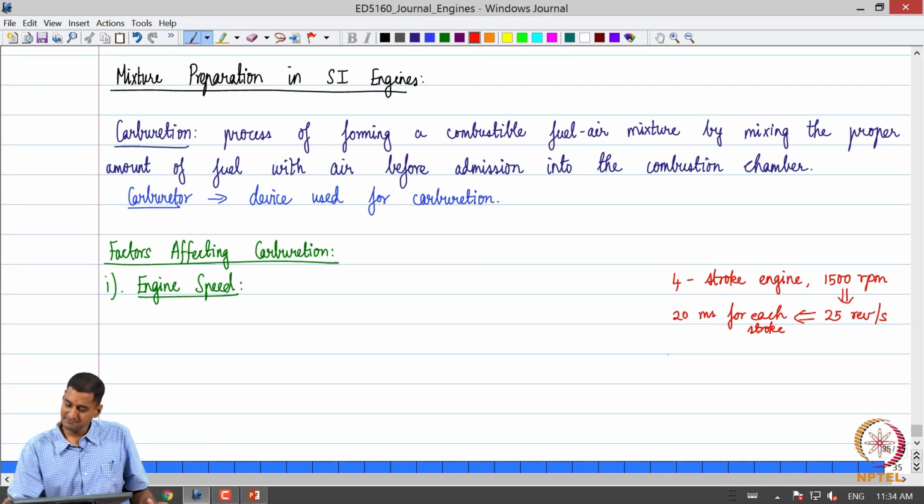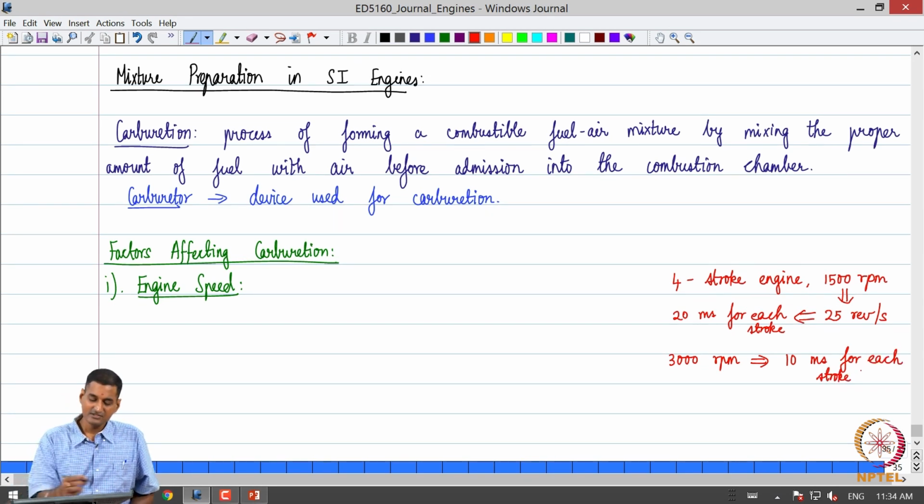Now, the same engine speed is increased to 3000 rpm, let us say we double it. So, what should happen to this time? On an average we are going to have 10 milliseconds for each stroke. So, consequently, what can we observe?